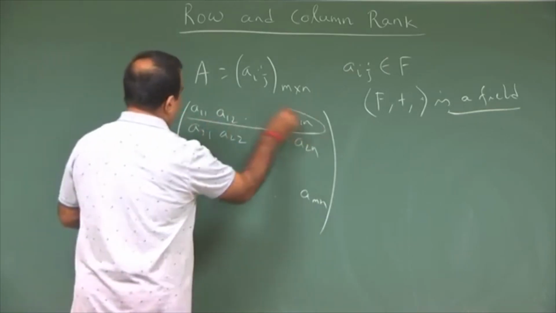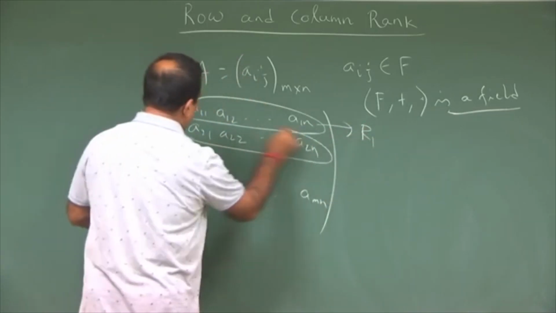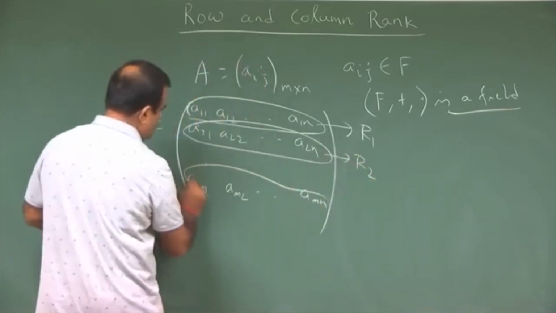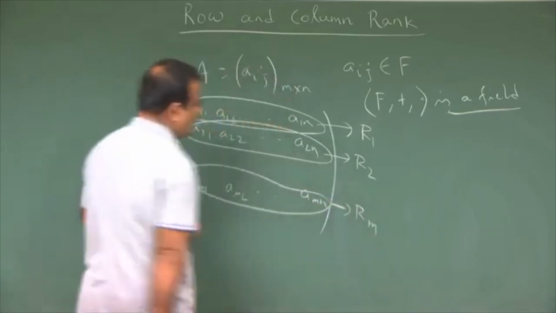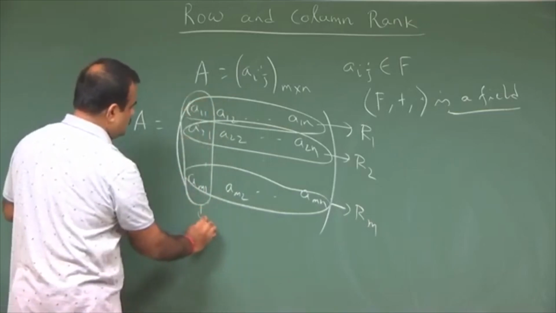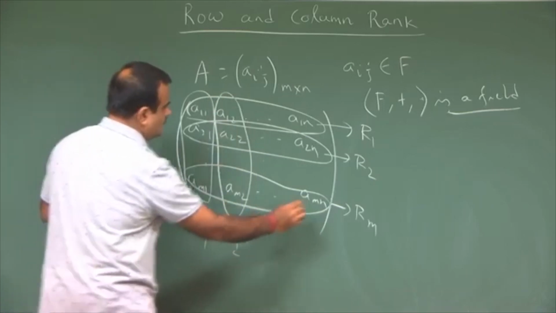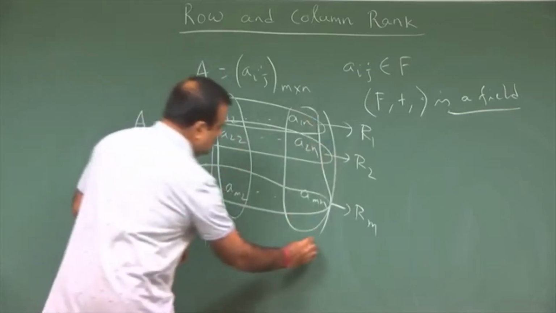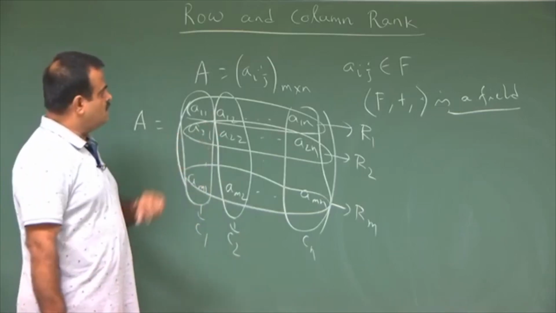This is our first row R 1, this is our second row R 2, and so on, up to R m, the m-th row. If we consider the columns, this is our first column C 1, this is our second column C 2, like this, up to the nth column C n. So these are the rows and columns of the matrix.